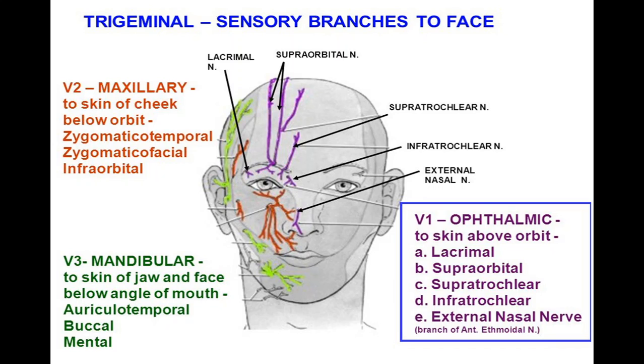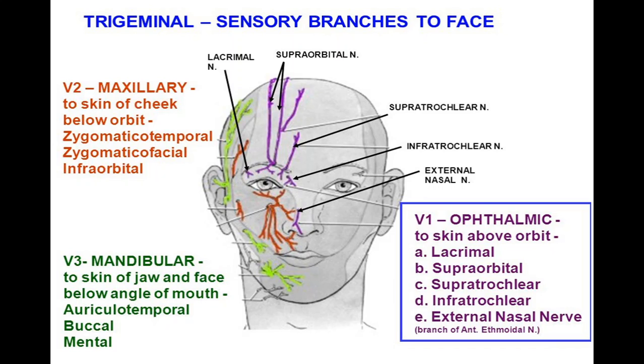So four plus four, eight muscles are under this special visceral efferent, which develop from the first branchial arch. These eight muscles are supplied by the mandibular division of the trigeminal nerve. So it's very simple; these are the functional components of the trigeminal nerve.